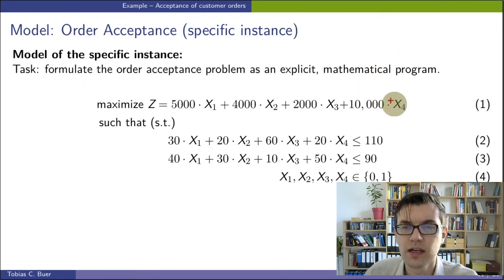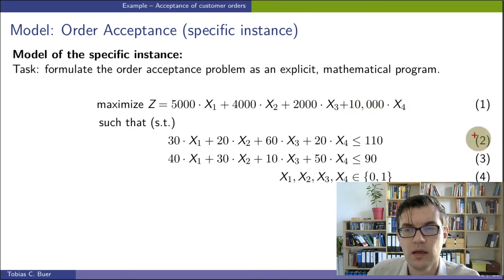And this is reflected in this objective function. If we accept order number 1, then x1 has the value 1, and we realize a contribution margin of 5,000. The same for the other 3 orders.